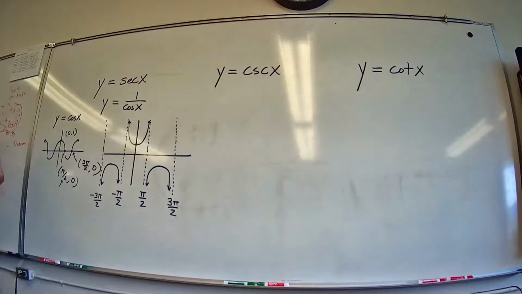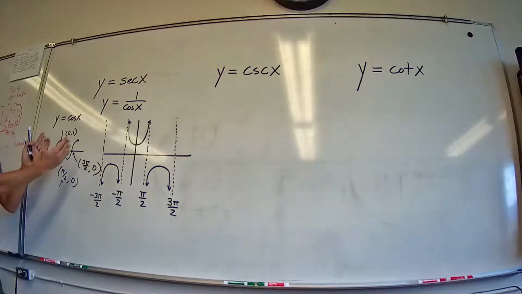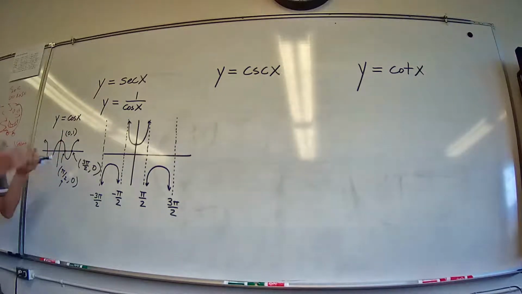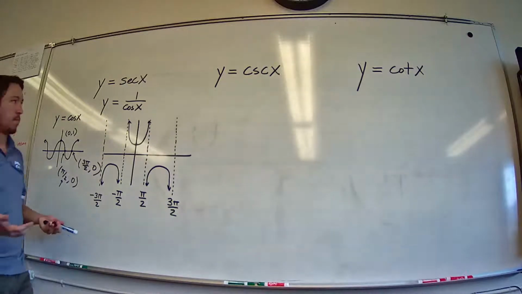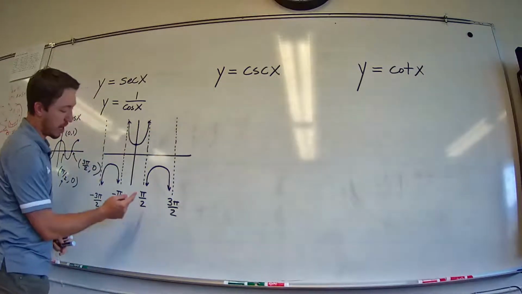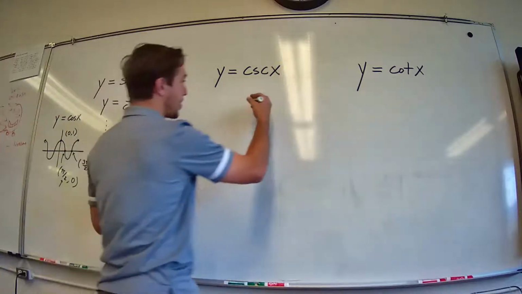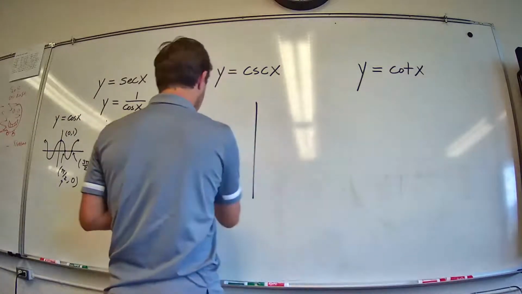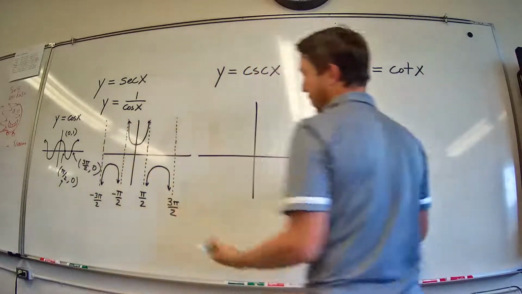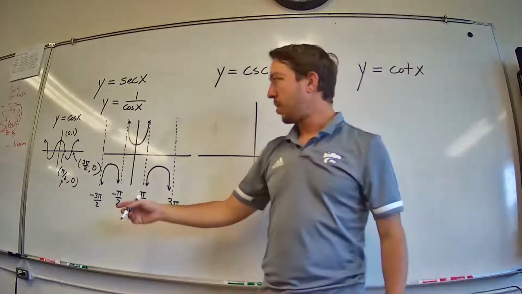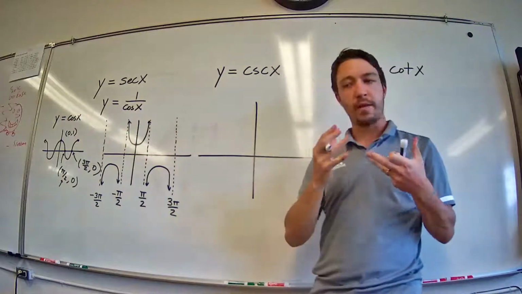Isn't the sine graph just the same as the cosine graph, but shifted to the right slightly? So wouldn't the same thing be true for the reciprocal functions? This guy has asymptotes at all these half multiples of pi, so this guy is going to have his asymptotes at all the whole multiples of pi. It's all going to shift over to the right.